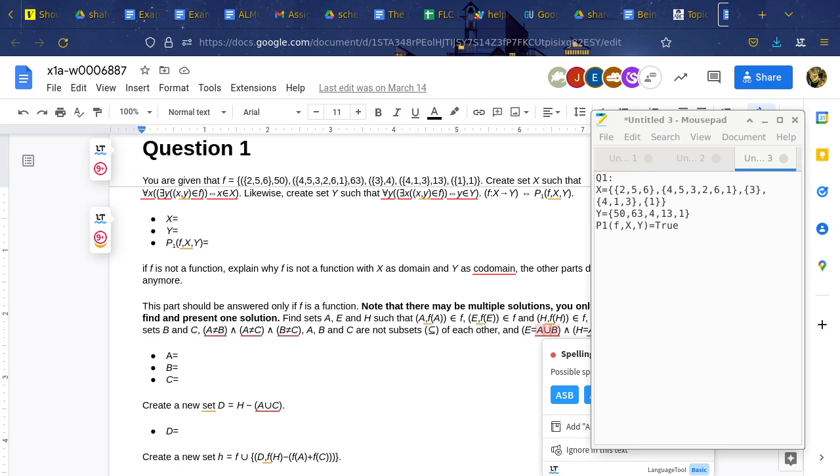And then do a screen share. There we go. All right. Okay, so looks like we can do that now. Cool.